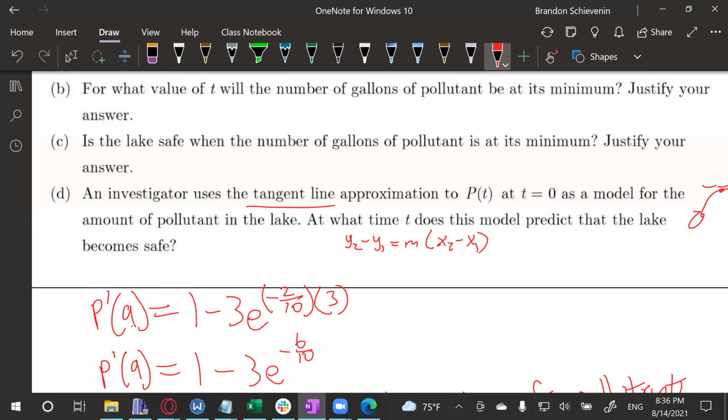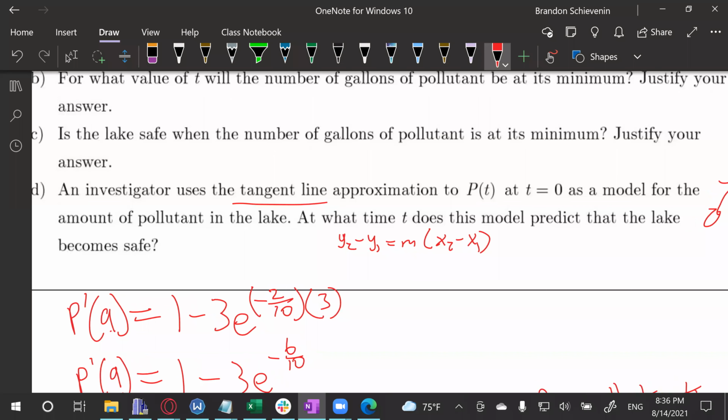Okay, so this is our point slope form. As long as I know one point and one slope, we'll have a line. Then I can plug in any x value we want, and we'll be able to get our y value. For us, our input is t and our output is P. So I could rewrite this point slope form like this.